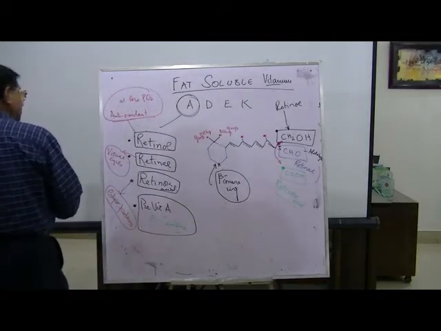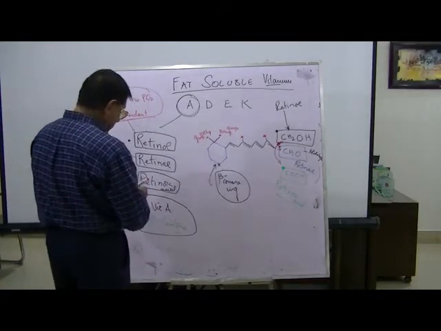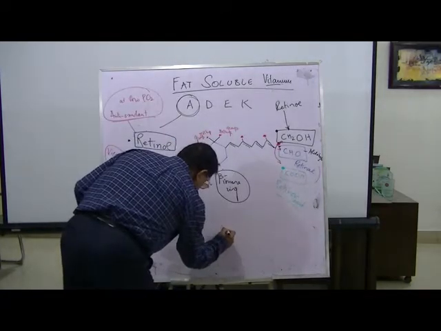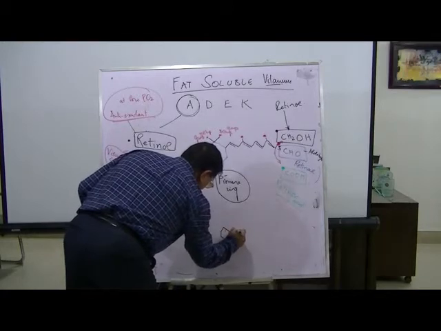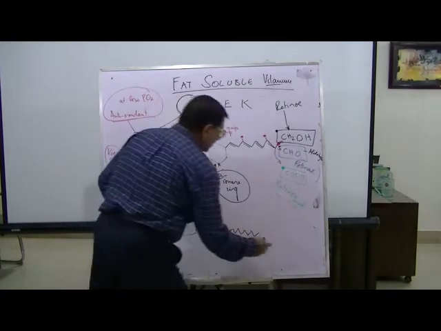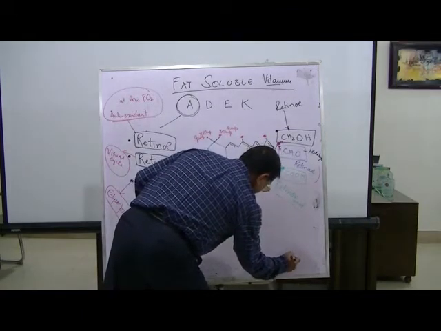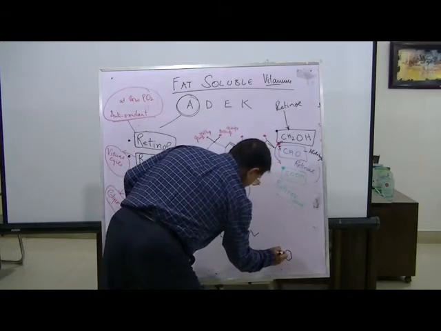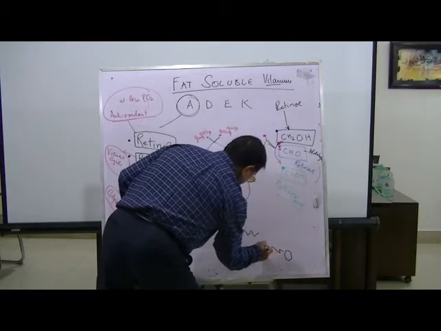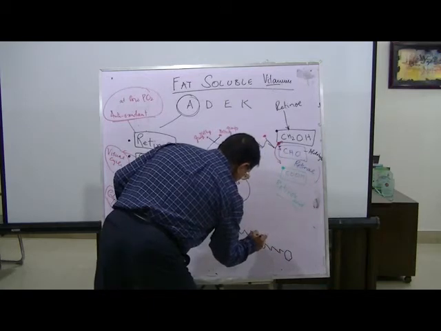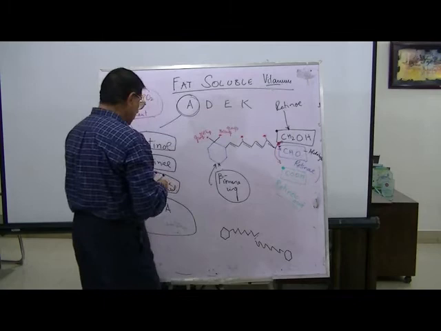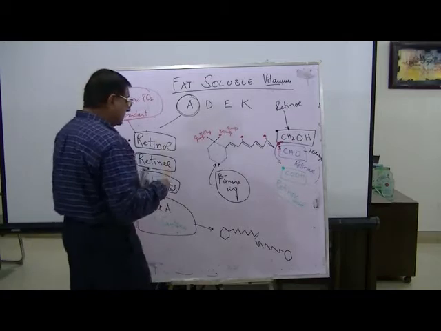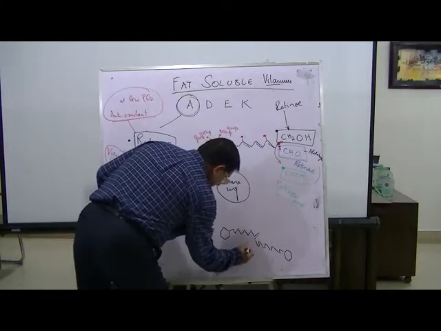While pre-vitamin A, beta carotene, is two molecules of vitamin A attached together, and they can be separated by dioxygenase.